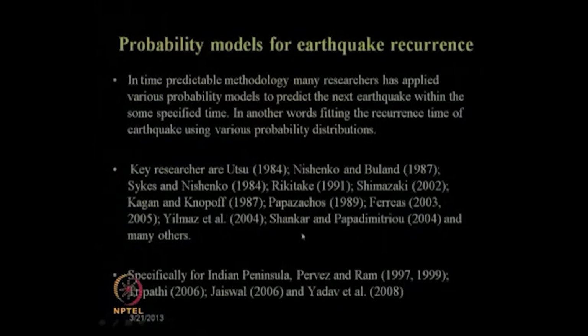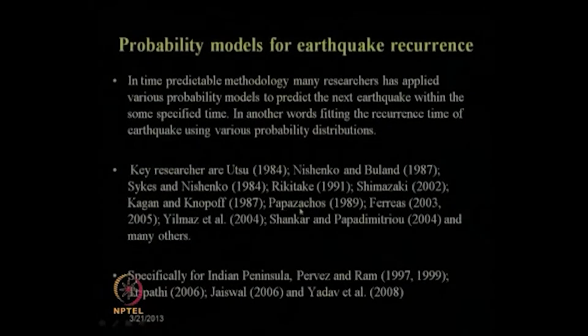So, proper measures may be taken. The key researchers you can see in this slide used various probability models to predict the next earthquake in a specific band of time.